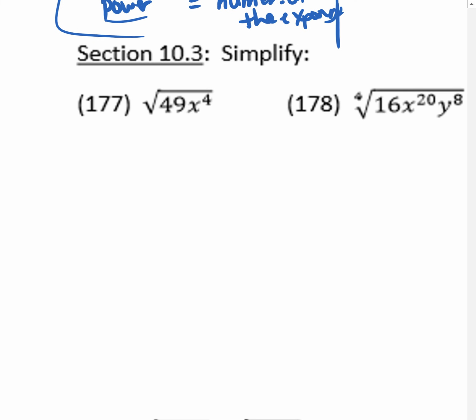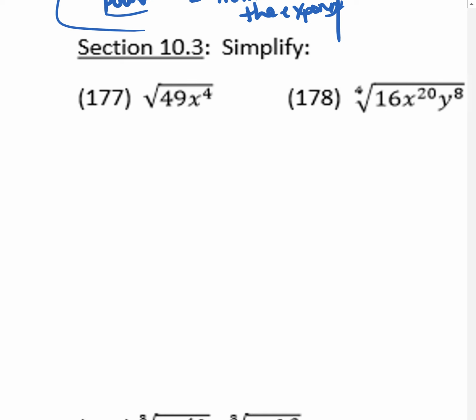Number 177. Okay. We got a square root of 49x to the 4th. When we tackled these problems in the notes, I said, you know what I like to do? When it's 2 things multiplied inside the root, I split it into 2 separate things. Like 49 gets its own root, x to the 4th gets its own root. The square root of 49 is 7.